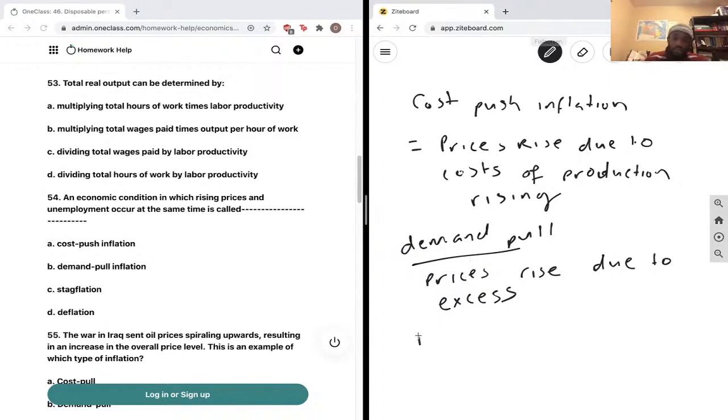And deflation is just prices decrease. So if you didn't know the definition of stagflation, by process of elimination, it would be stagflation for this. But stagflation is an economic condition in which prices rise as unemployment rises also.